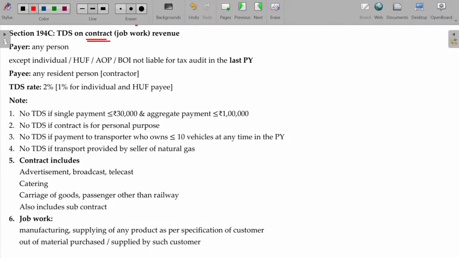And 194C. Contract for job work. Any person.